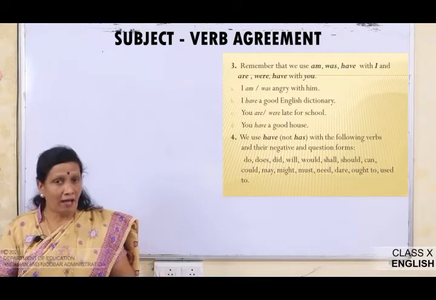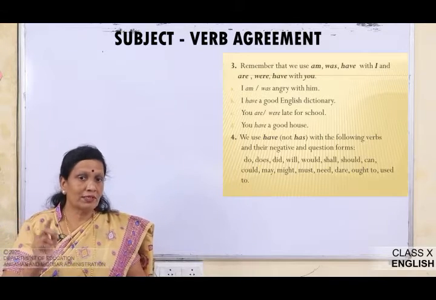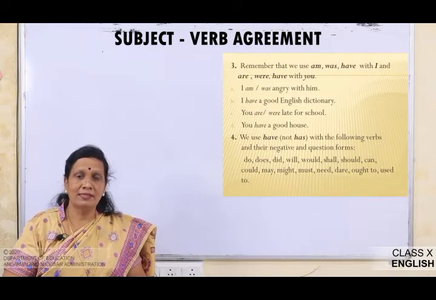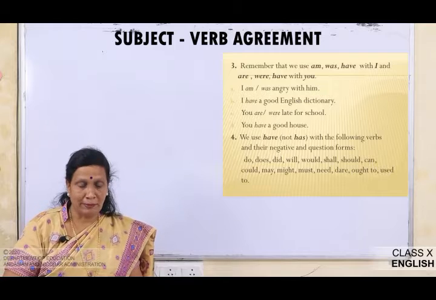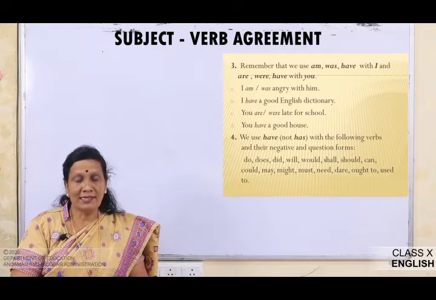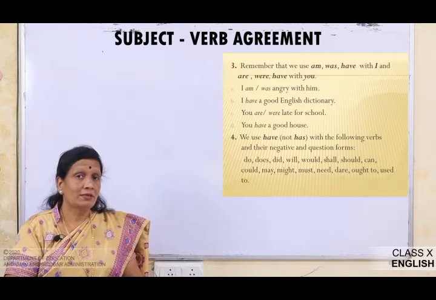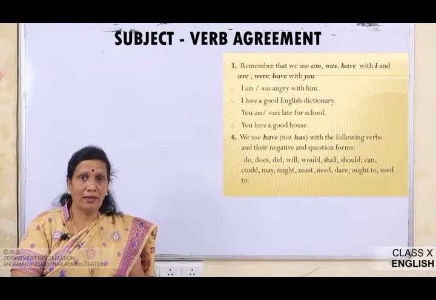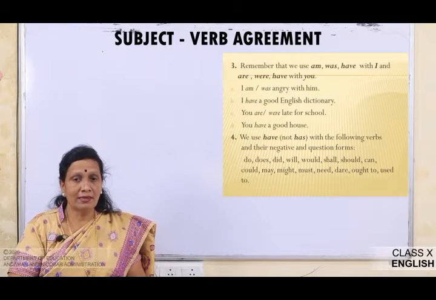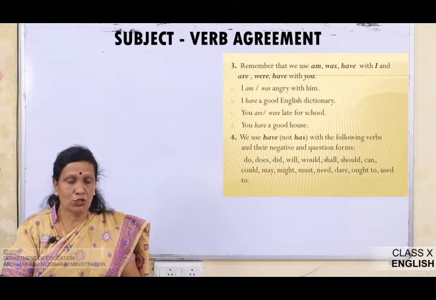We use have, not has, with the following verbs and their negative and question forms: do, does, did, will, would, shall, should, can, could, may, might, must, need, dare, ought to, used to.